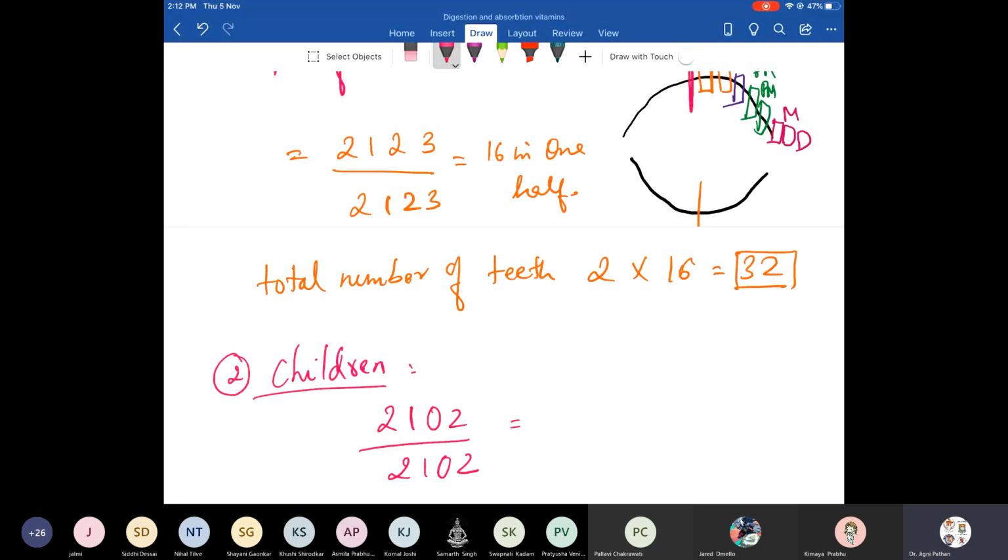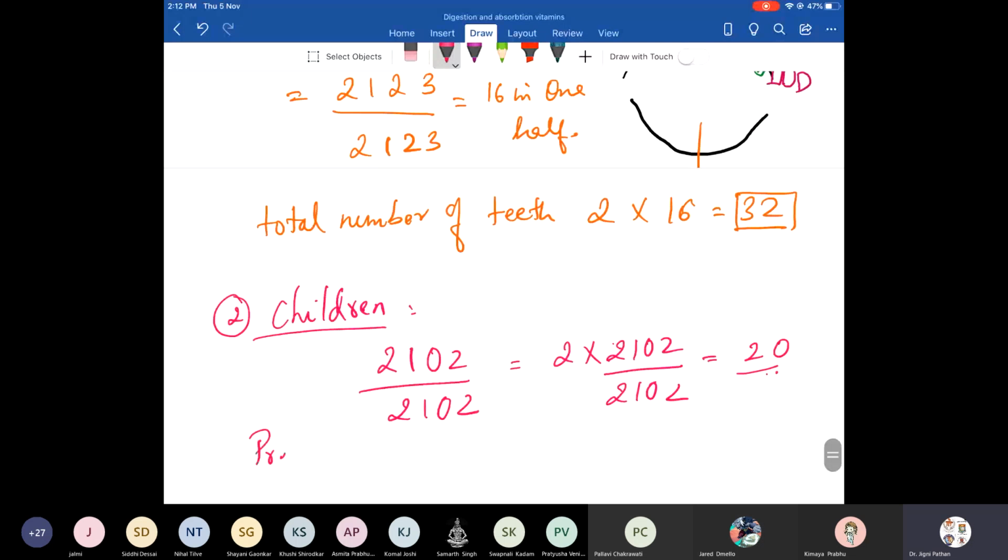So the total number is 2 into the set, you have 2 sets, half lower jaw, half upper jaw, which is equal to 20 in number. In children, the premolar and the last molar are very important. The last molar, the third molar, which is your wisdom teeth, is absent. Am I clear to all?